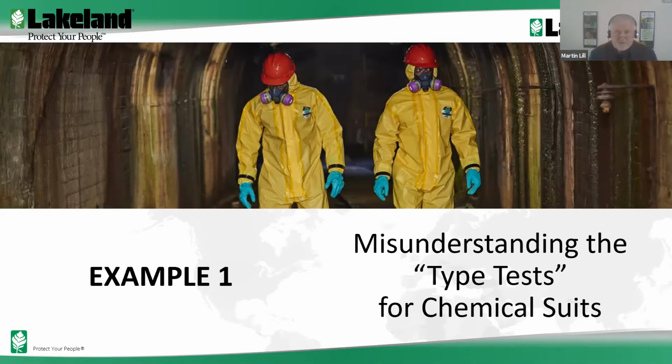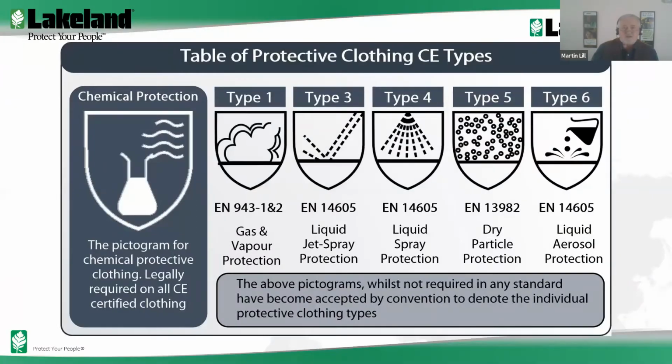Well, if you are involved in chemical protection, any of you will know that the CE standards identify 5 different types of chemical protection: type 1, 3, 4, 5, and 6. The eagle-eyed amongst you that are still paying attention will be thinking, what happened to type 2? Good question.